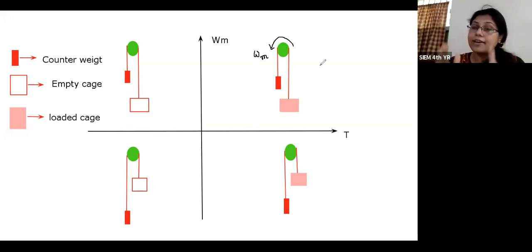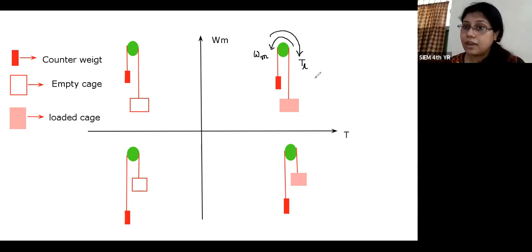So in that particular case, the direction of the load torque should be this way. So this is the direction of the load torque, TL.